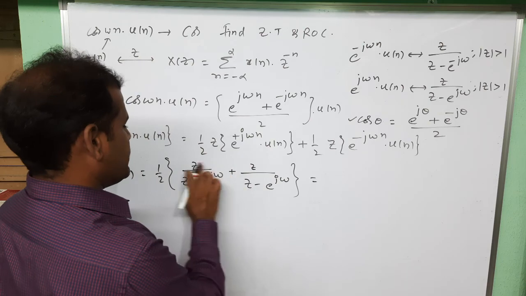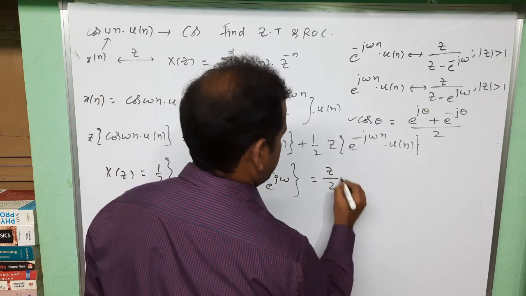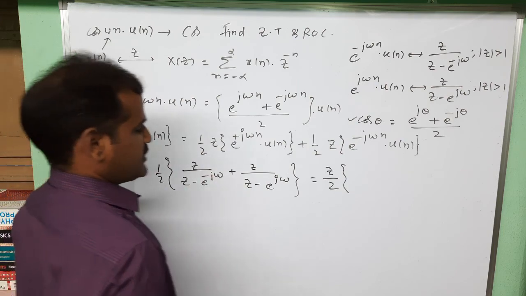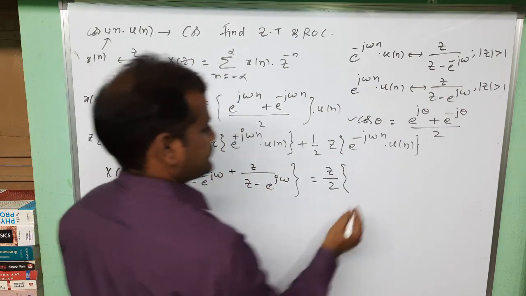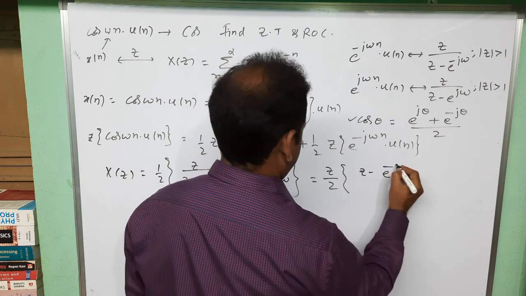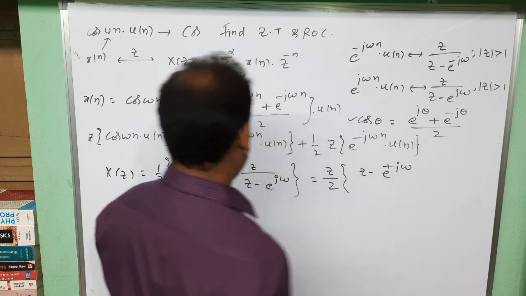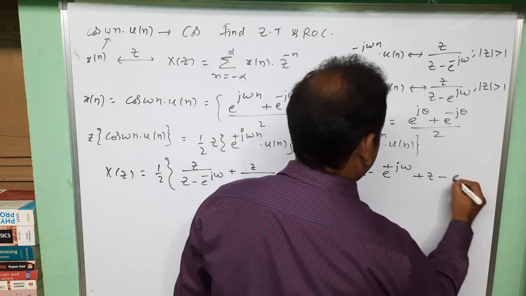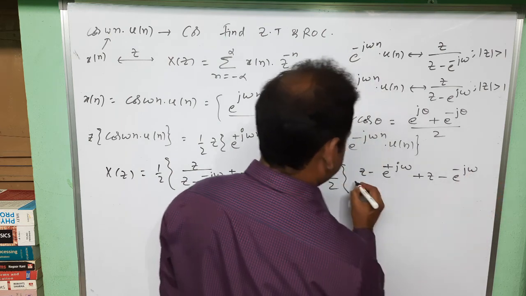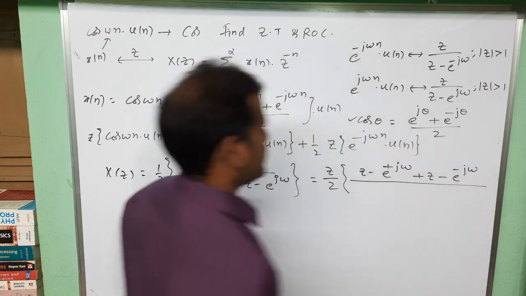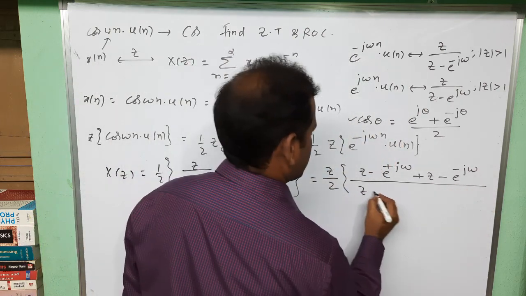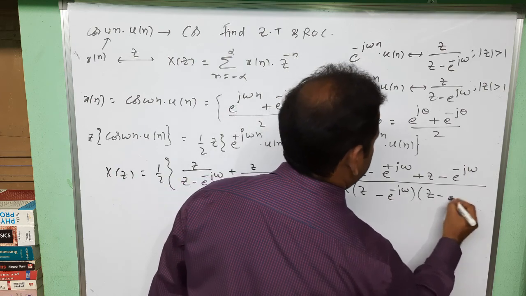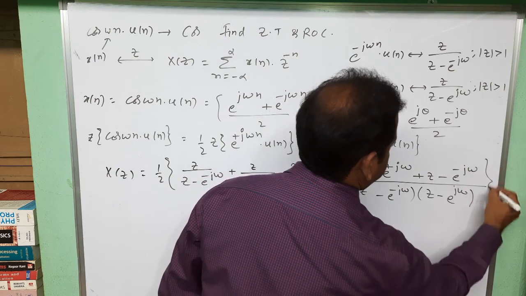We can take z common, z by 2, and these two terms after simplification give z minus e to the power of plus j omega and z minus e to the power of minus j omega, divided by the product of these two, z minus e to the power of minus j omega multiplied by z minus e to the power of plus j omega.